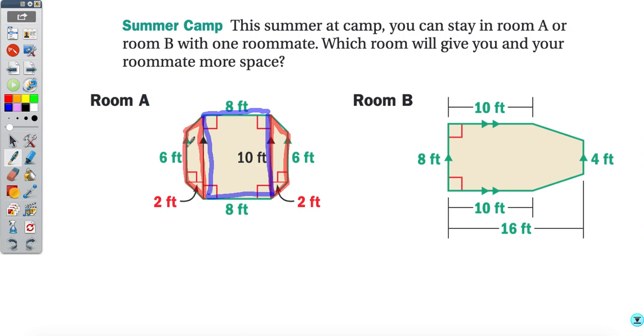So if we remember the formula for the area of the trapezoid, we are going to start by adding our two bases together. And in a trapezoid, our bases are going to be our parallel lines.